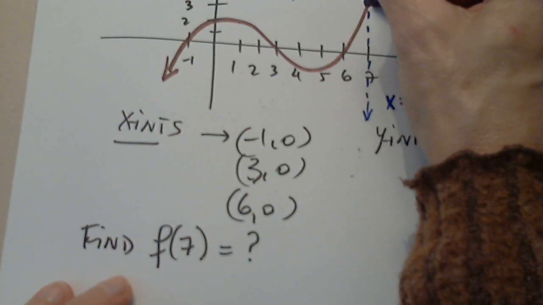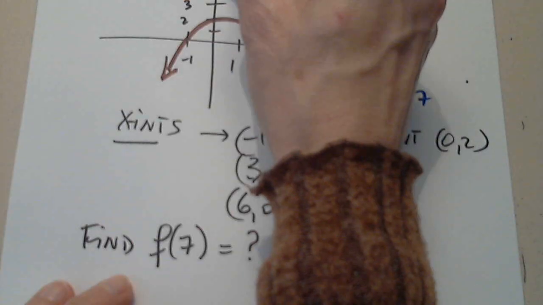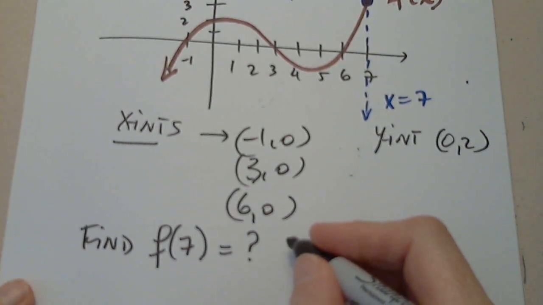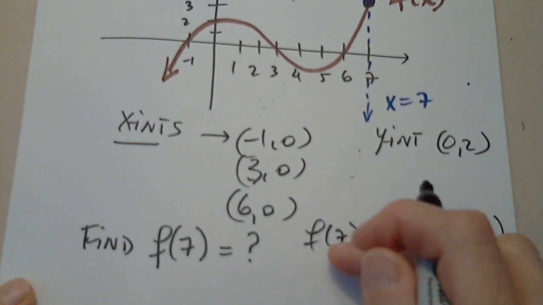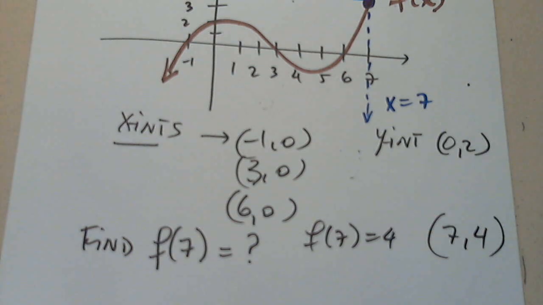It crosses the graph in one point, so I will have to read the y value. Can anyone read the y value from this graph when x is 7? So 4. So we read from the point 7, 4. Perfect. Any questions on this?